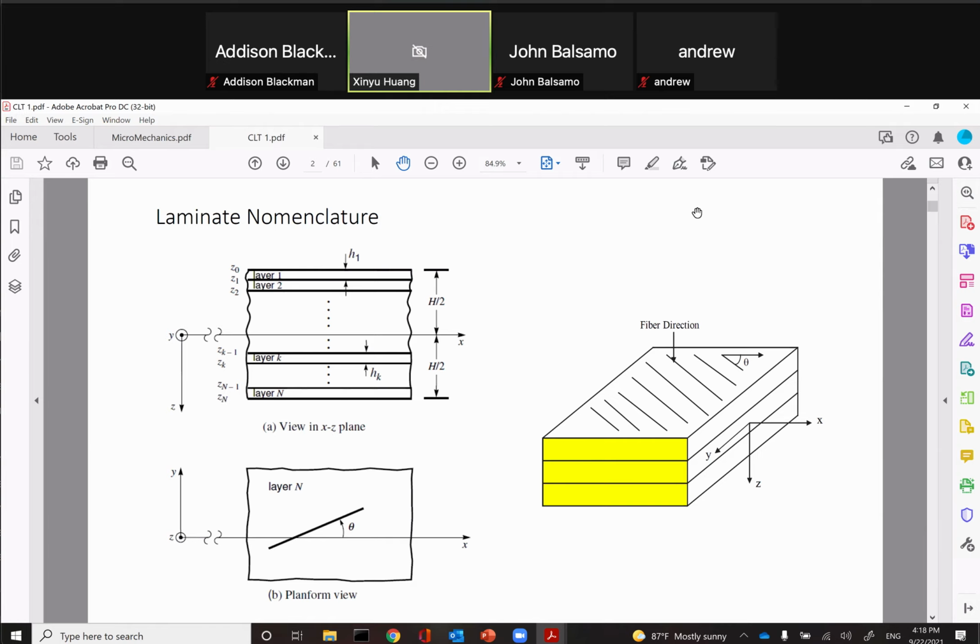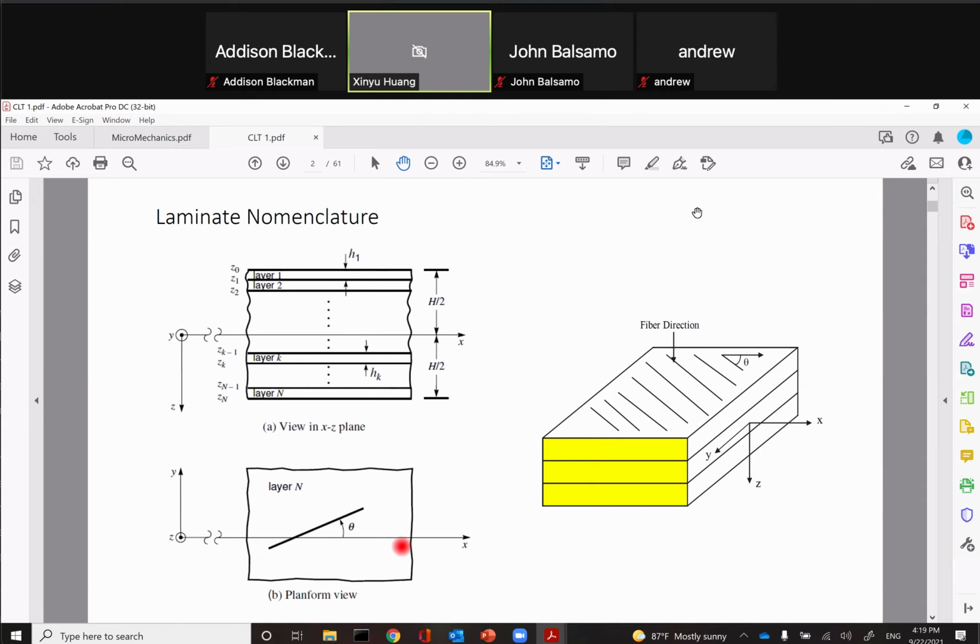Okay. And then each layer, there is a fiber orientation. Remember, we typically designate fiber direction in that layer as direction 1, and the perpendicular direction as direction 2. That's a material coordinate. We call them material coordinates. And that material coordinate may not be the same as the global coordinates.